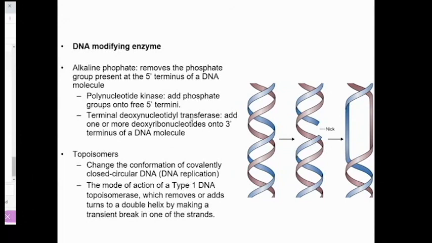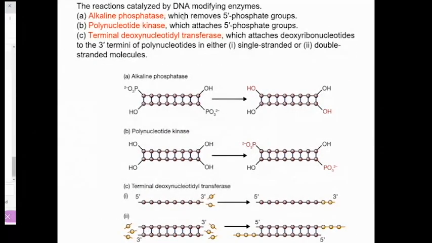You can add the nucleotide to the 3' end, just like I showed you with the homopolymer tail. So you use the terminal deoxynucleotidyl transferase to add the specific nucleotide to the 3' end. So these are the DNA modifying enzymes, like the alkaline phosphatase. The 5' phosphate will be removed, replaced by the hydroxyl group.